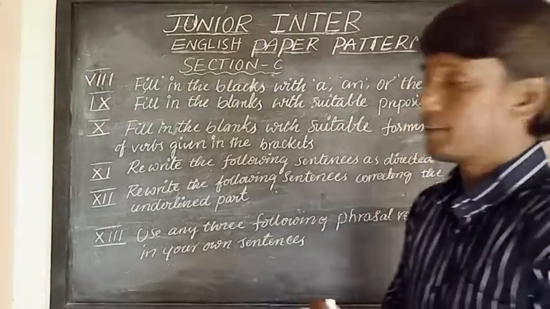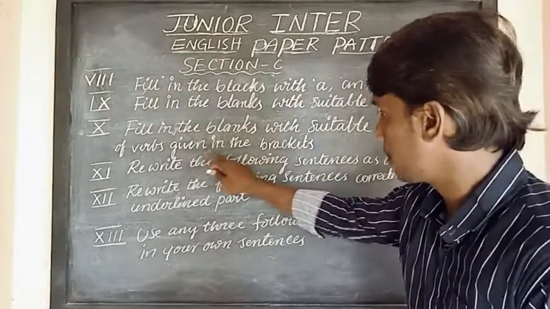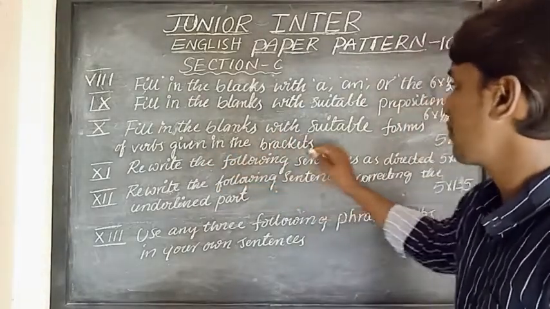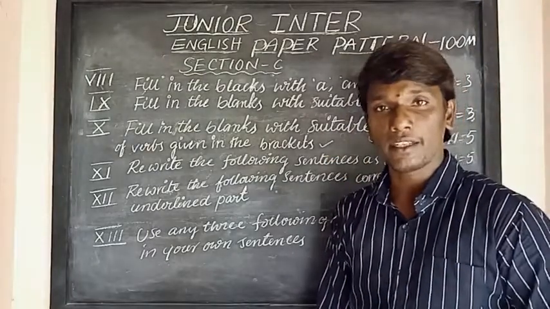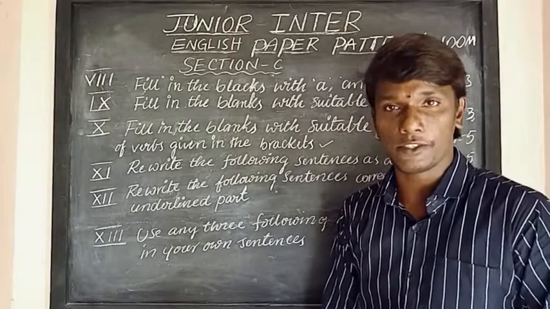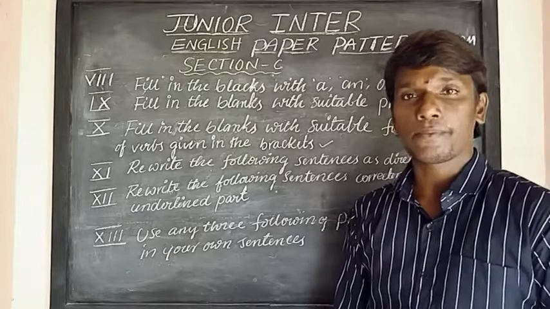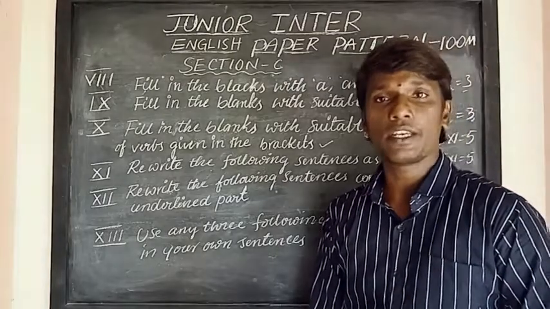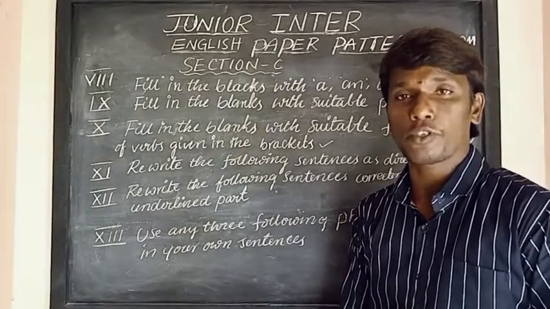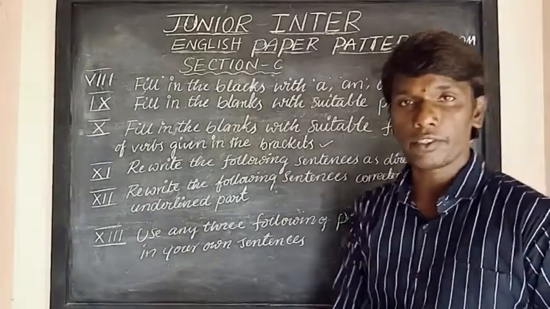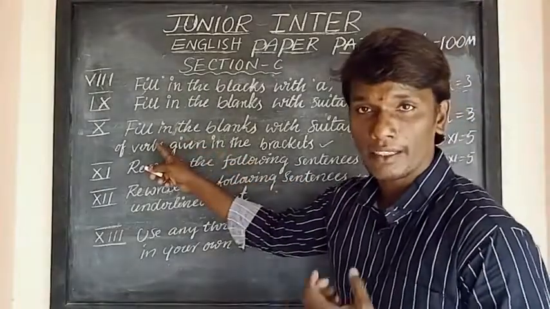Now the 10th question: fill in the blanks with the suitable forms of the verbs given in the brackets. This is tenses. Under question number 10, you will be tested on tenses. There are three basic tenses, and each tense is divided into 4 subtenses, that is present tense, past tense and future tense. So these 12 tenses are to be tested under Roman number 10.